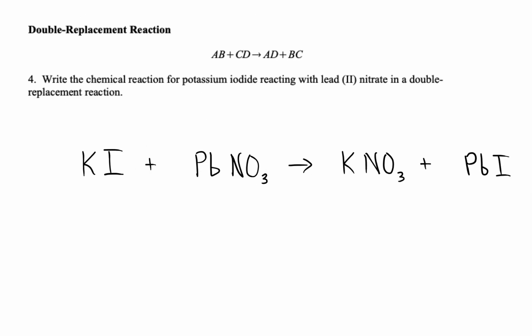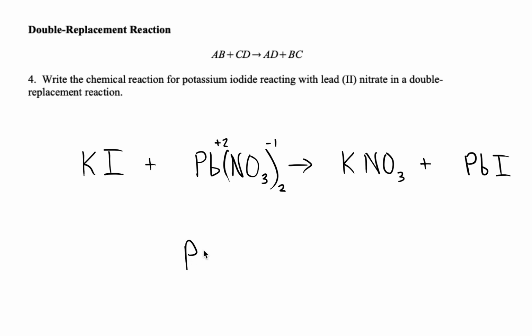Since it's lead 2 that they're talking about, the lead is going to be giving off 2 electrons each. So that makes this a +2, and this could be a -1. With that in mind, it's going to require 2 nitrates to satisfy 1 lead. So we want to put parentheses around the nitrate and say that there's going to be 2 of them.